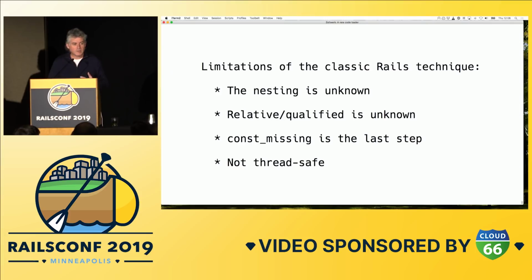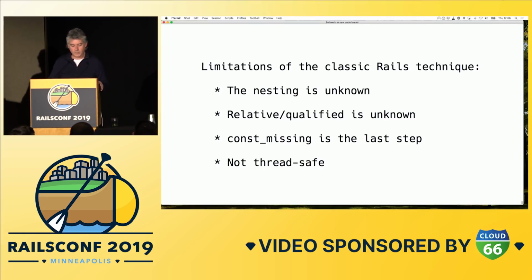So Active Support just does not have the information to resolve the constant the way Ruby resolves constants. So the semantics do not match. It does the best that it can, and it has some assumptions, like I'm going to assume that the name of the module is reflecting the nesting. It makes some reasonable assumptions, but it just cannot solve this problem.